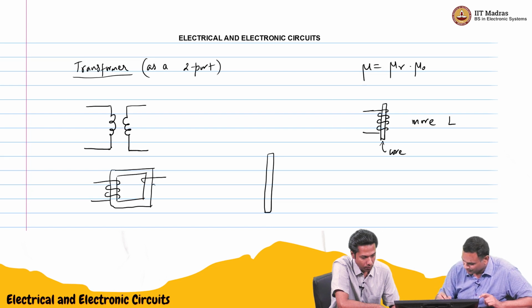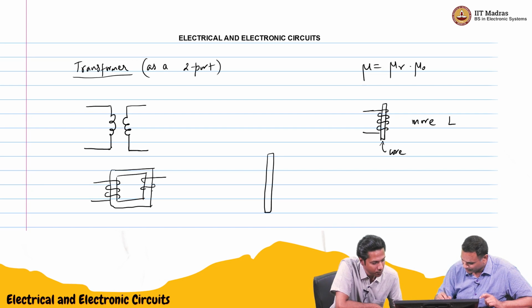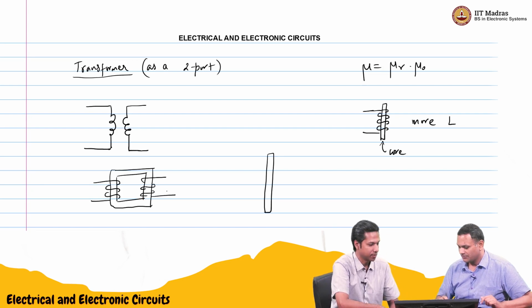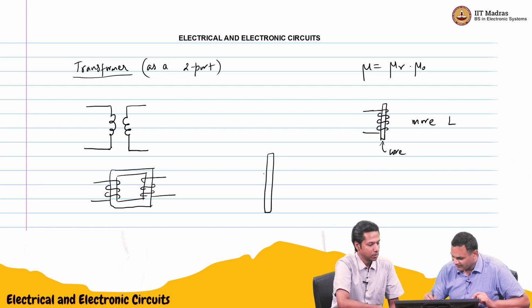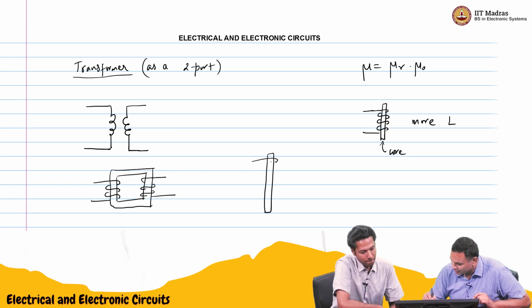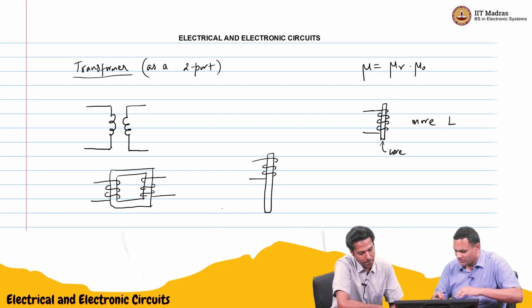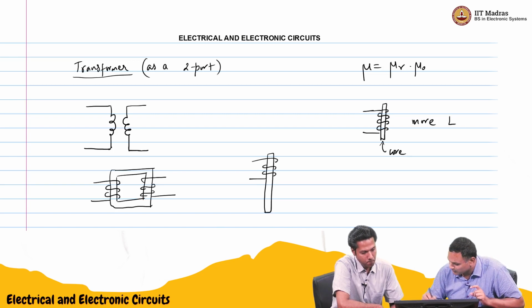Other ways, I can do the same thing as I did here. I don't have to use a square shape. I can also couple them a little bit like this.